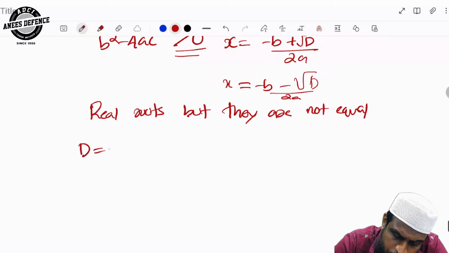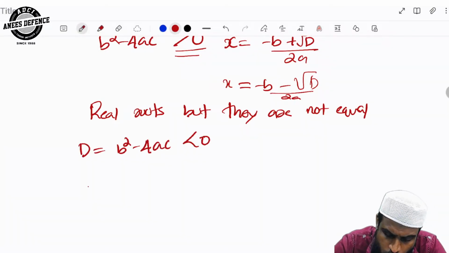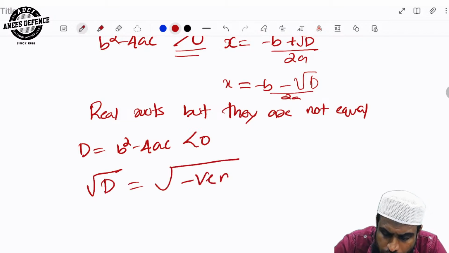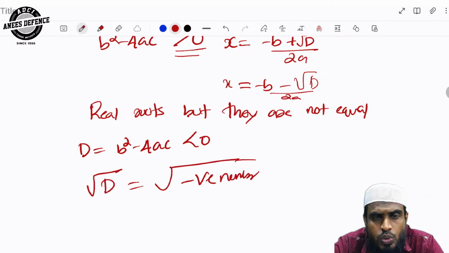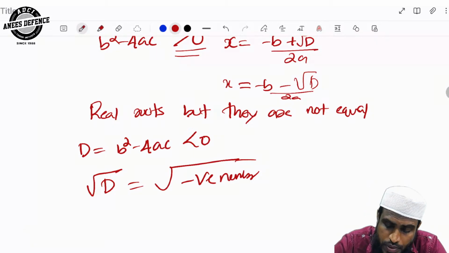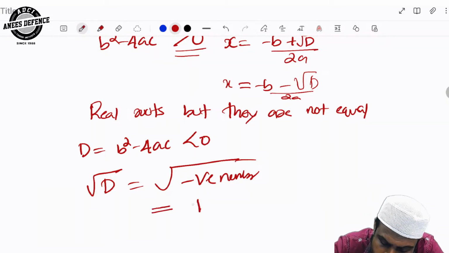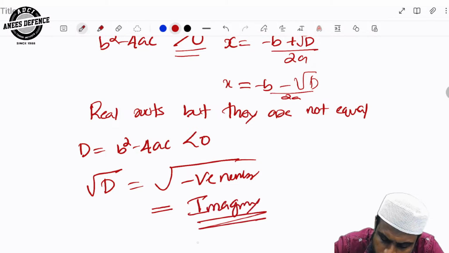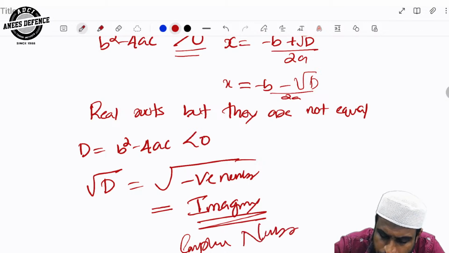If b square minus 4ac is less than 0, root D means root of a negative number. Root of a negative number is not real. We will get an imaginary, or we will get a complex number.